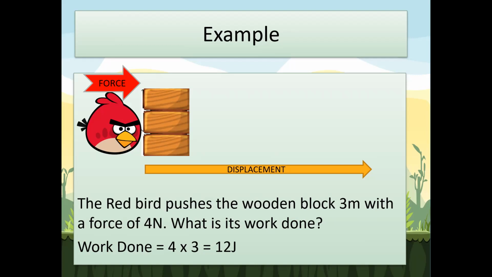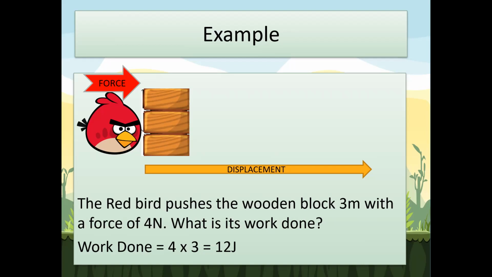Sometimes they might give you the distance in centimeters. If the distance is in centimeters, you change it into meters. How many centimeters make 1 meter? It is 100. So if they give you 200 centimeters, you divide it by 100, you get 2 meters. If they give you 20 centimeters, you do 20 divided by 100, you get 0.2 meters.